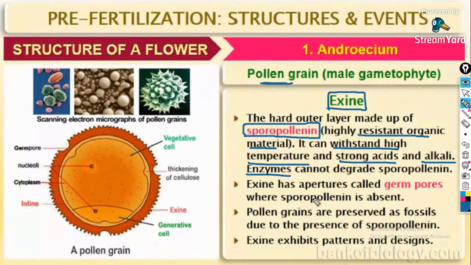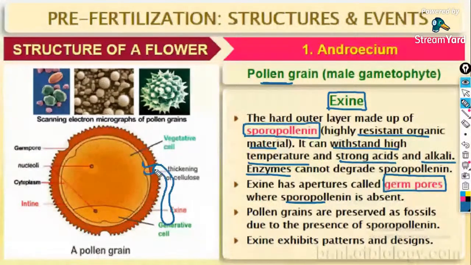Exine has certain apertures called germ pores where sporopollenin is absent, and through these germ pores the pollen tube comes out. In this particular area you will have the absence of sporopollenin. The pollen grains can be preserved as fossils due to the presence of this hard and non-destructible material known as sporopollenin.